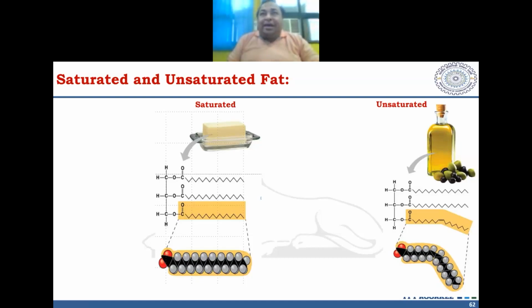You see here, butter is an example of saturated fat, and here you could see the glycerol moiety, then oxygen, the ester link, and the fatty acid, and three of them are straight, which means the chains are saturated. Because they are straight, it's a very interesting thing I'm talking about. You could find that with a small experiment in your daily life, when the fat molecule has saturated fatty acids.